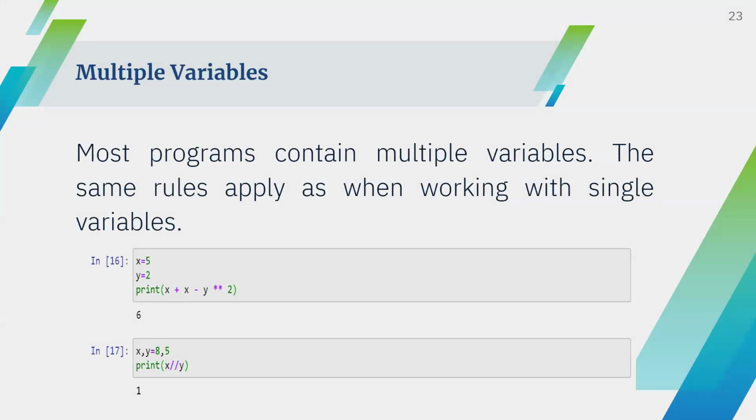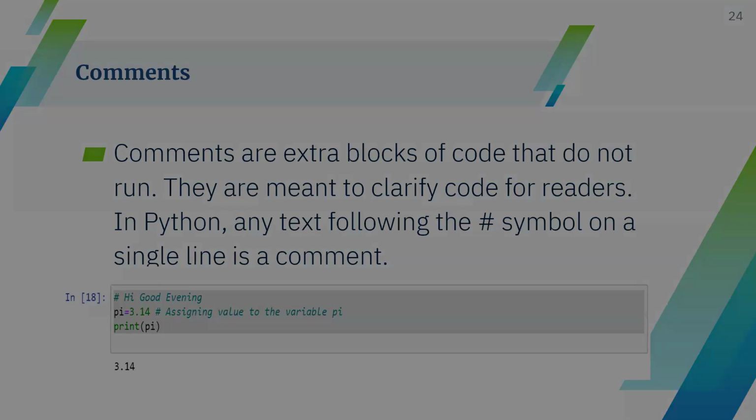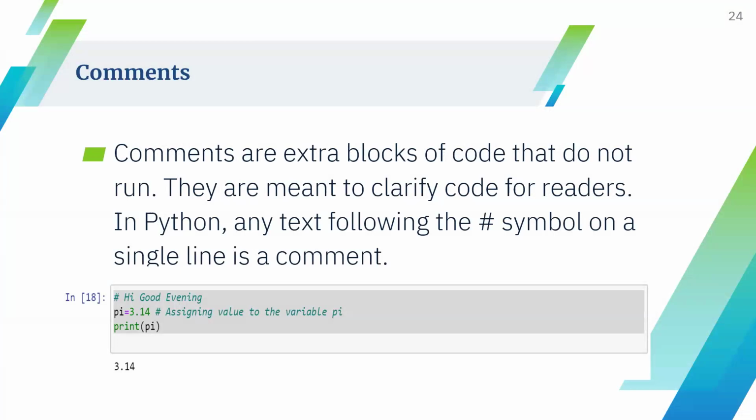Comments. So what is a comment? Comments are like an extra block. When you write code, it helps other programmers understand the code. Each and every line, I'm going to explain what this particular line of code is going to do, so that other programmers can read it and understand.